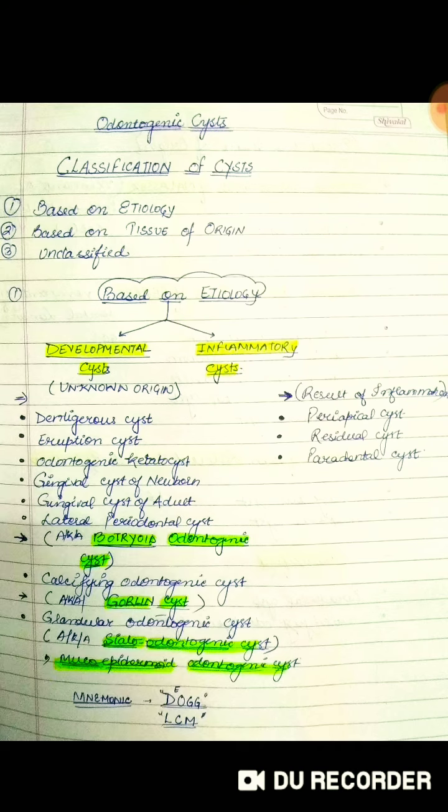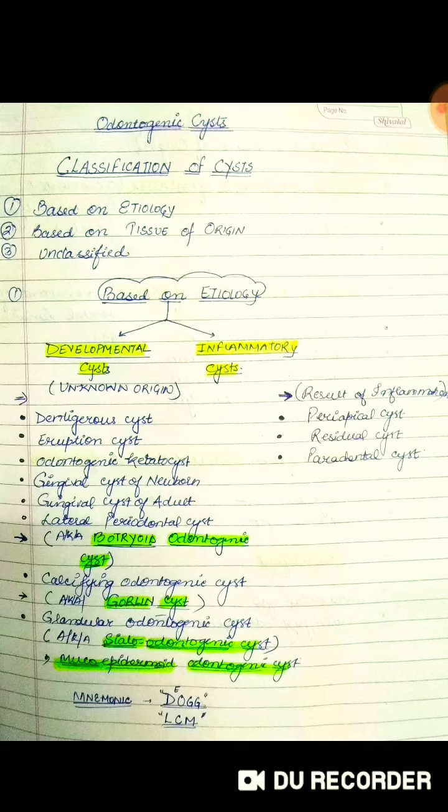Now the second is the inflammatory origin, that is inflammatory cysts. This is because of the inflammatory mediators and the products of inflammation which cause the development of the cysts, like in the case of the periapical cyst. This is because of dental caries and its sequelae, and the products of inflammation which cause the development of the cyst.